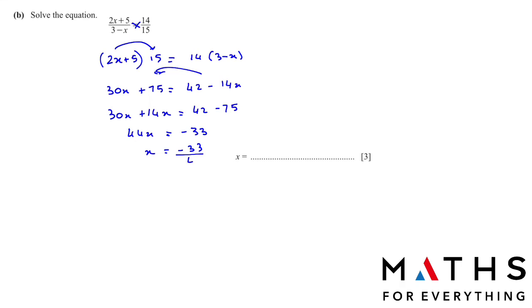So negative 33 divided by 44 is going to be negative 3 over 4. You can write it like that or as a decimal.